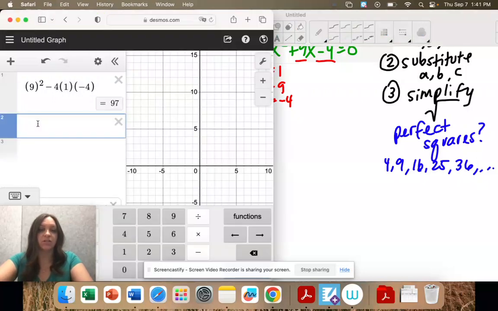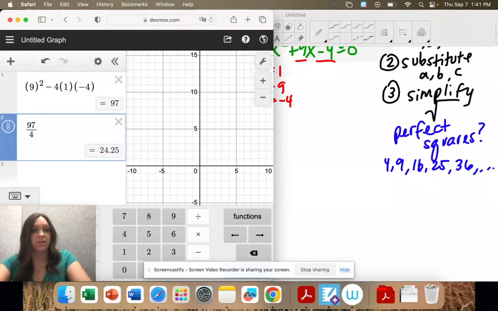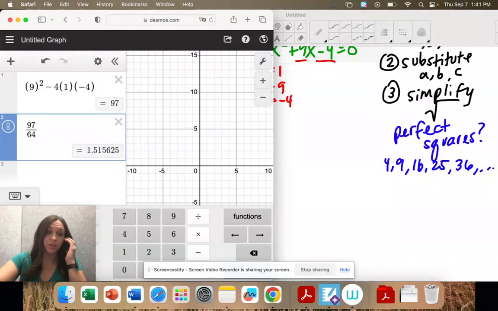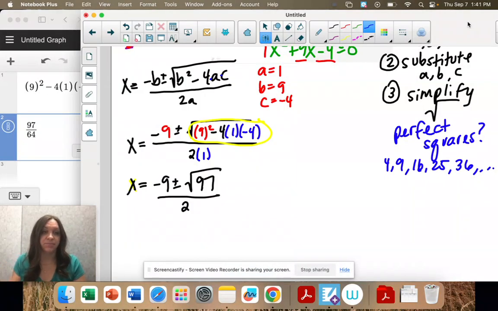So I'm going to just start dividing 97 by the perfect squares to see. And I've got that far. That's as far as we can go. So 97 does not have any perfect squares. So it's going to stay like that. So at this point, this is our answer. If there were perfect squares, we would continue on and reduce, but there's not.